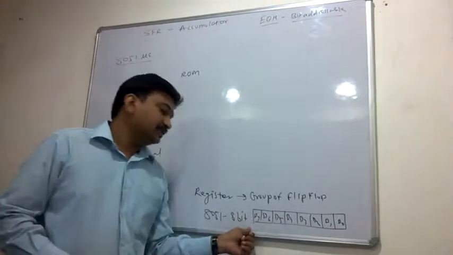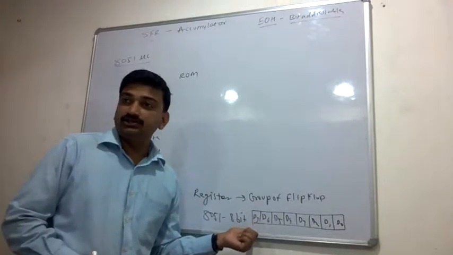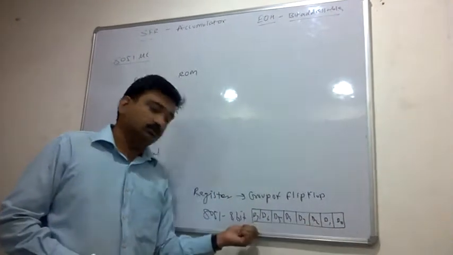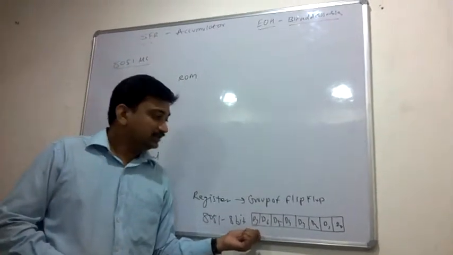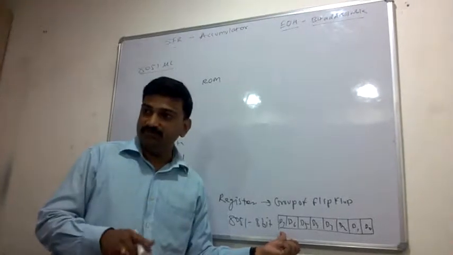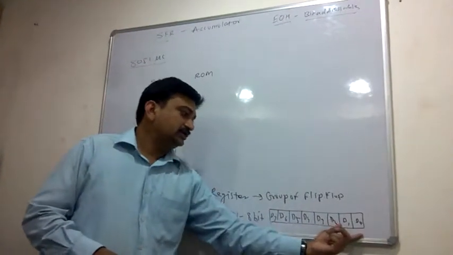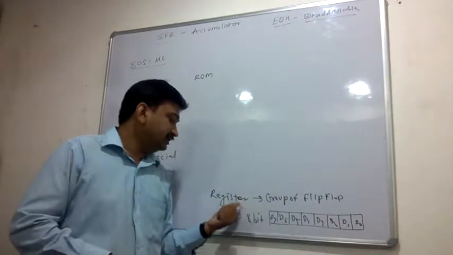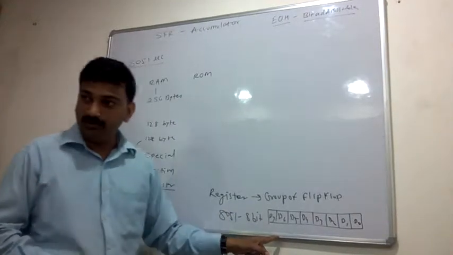This is the register. These are 8 bits of D flip-flops, and it stores 8 bits, that means 1 byte.